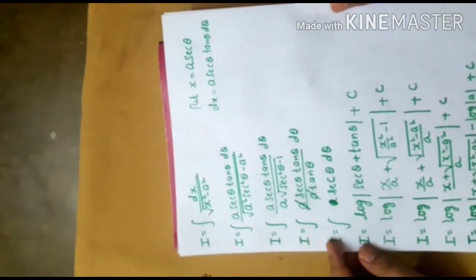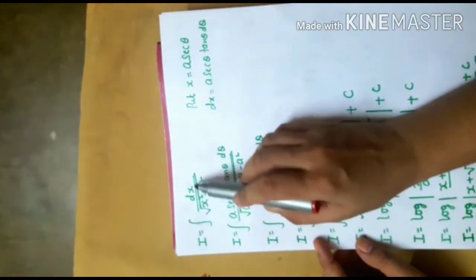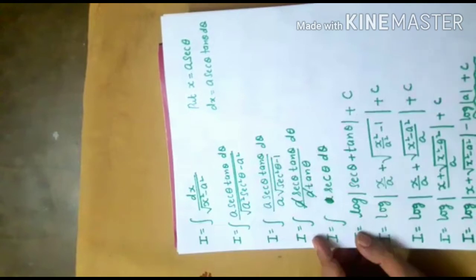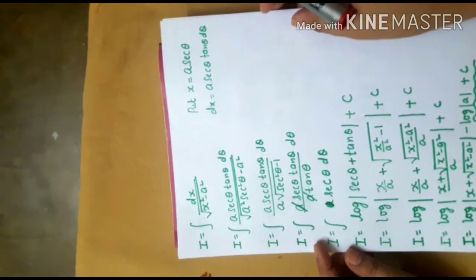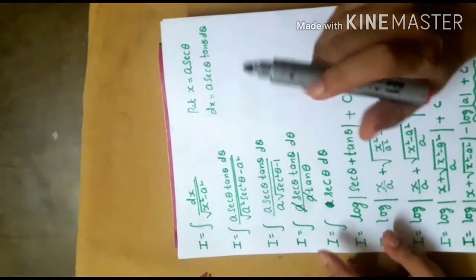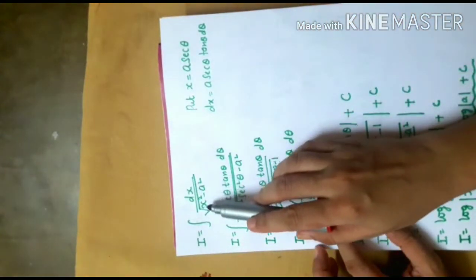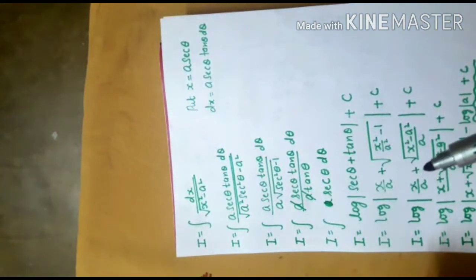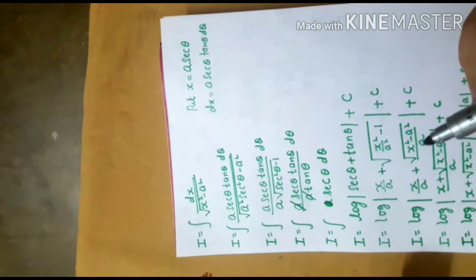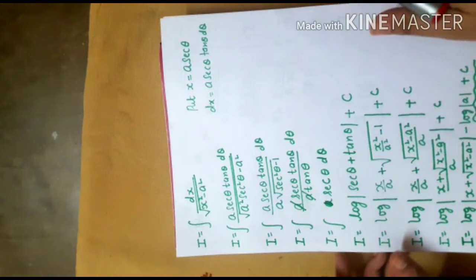Now let's take the form integral dx over square root of x square minus a square. Yes, in inverse trigonometric functions, we learned that if the expression contains root x square minus a square, then in order to simplify, we put x as a secant theta or x equals a cosecant theta.